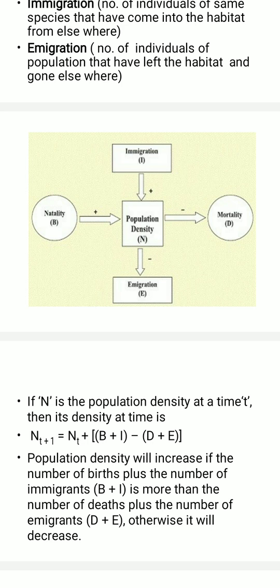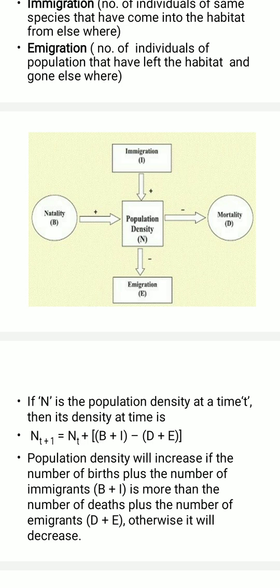Please note down N t plus 1 is equal to N t plus the difference between B plus I and D plus E.